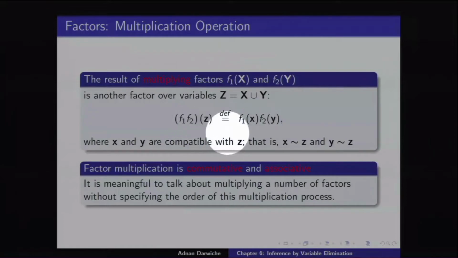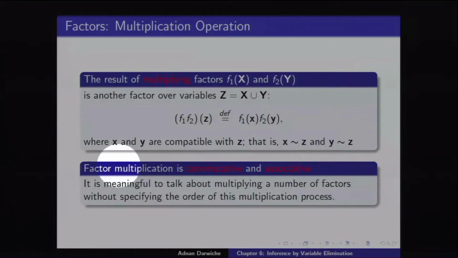Okay, now look what this says. It says, whatever the first says about x multiplied by whatever the second says about y, where the instantiations x and y are compatible with z. We've seen this notation briefly before, but now we revisit it. Okay? This means the two instantiations agree on their common variables, right?